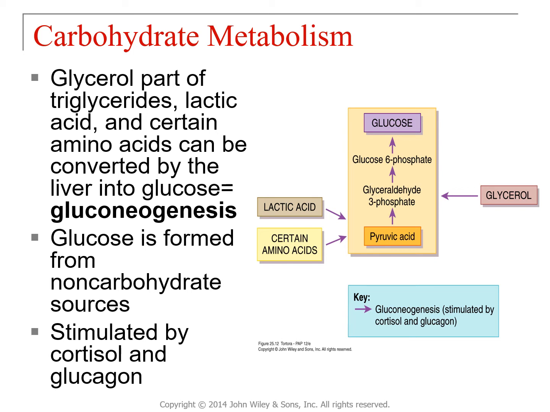This is stimulated again by cortisol and glucagon, which are active during the post-absorptive state when blood sugar levels tend to be low. So these hormones work to raise blood sugar levels back into normal homeostatic range. And these hormones and this process counteract the effects of insulin.